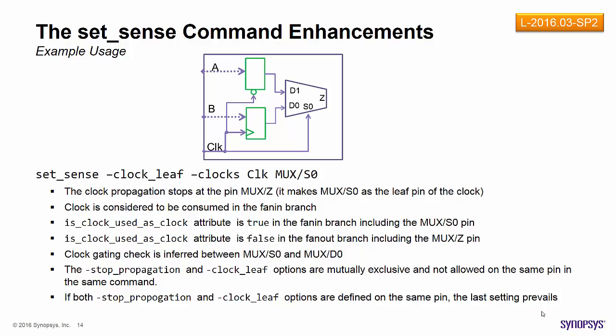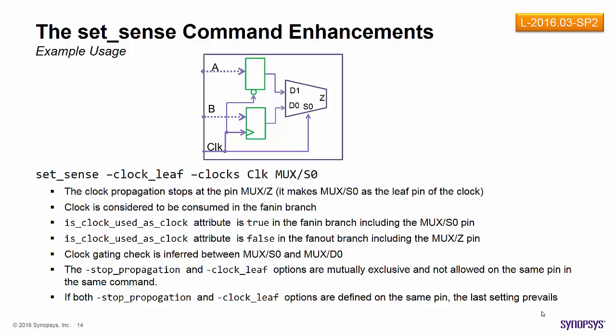Here is the example. When you apply set_sense -clock_leaf on MARKS/S0 with the clock, the clock propagation stops at the pin MARKS/G. It makes MARKS/S0 the leaf pin of the clock. Clock is considered to be consumed in the fan-in branch.